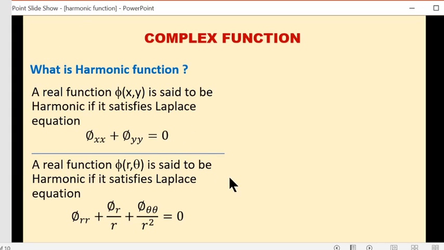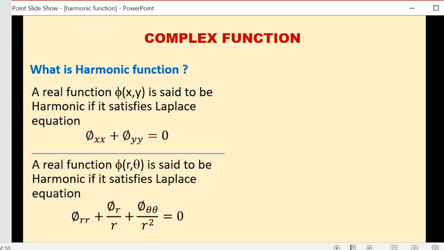Now, in case the Laplace equation is not satisfied, what does that indicate? Suppose you are checking the Laplace equation.